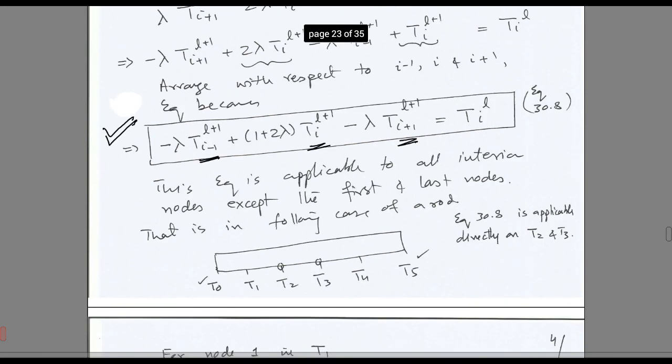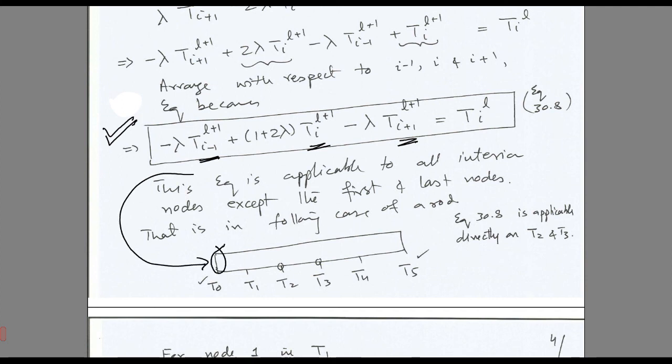Ti minus 1 is also indicating the first temperature for this node, for node 1. This equation is applicable to all interior points except the first and last.